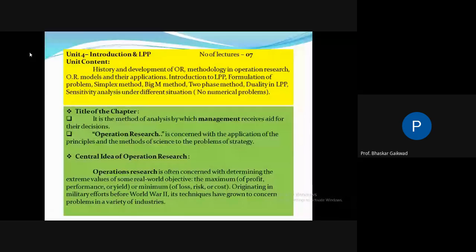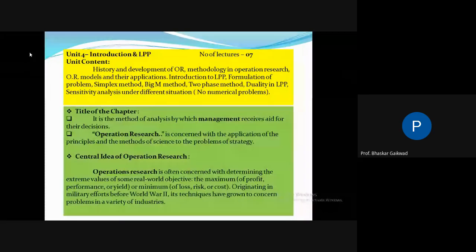Related to this point, you only have to remember the origins of this subject. It started in World War Second. After that, the English started one club. After that, the American society formed the Operation Research Society. After that, the Institute of Management Science was founded in 1953.